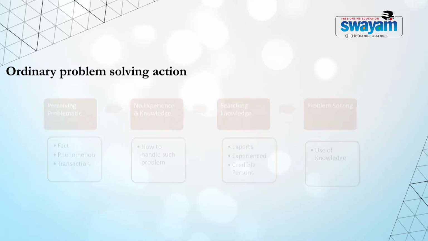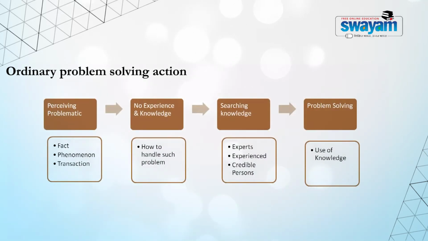If man perceives any problem, any fact, any phenomena or any transaction problematic in his life, and he has no experience and knowledge how to handle that problem, immediately this is the natural phenomena or natural quality of the man that he moves to search the knowledge.